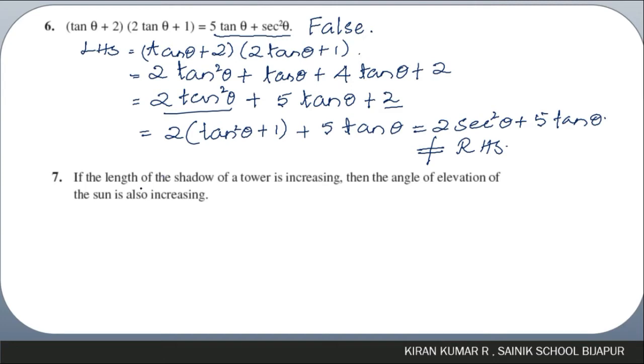Have a look at the seventh statement. If the length of the shadow of a tower is increasing, then the angle of elevation of the sun is also increasing. For this, I'll consider a diagram.